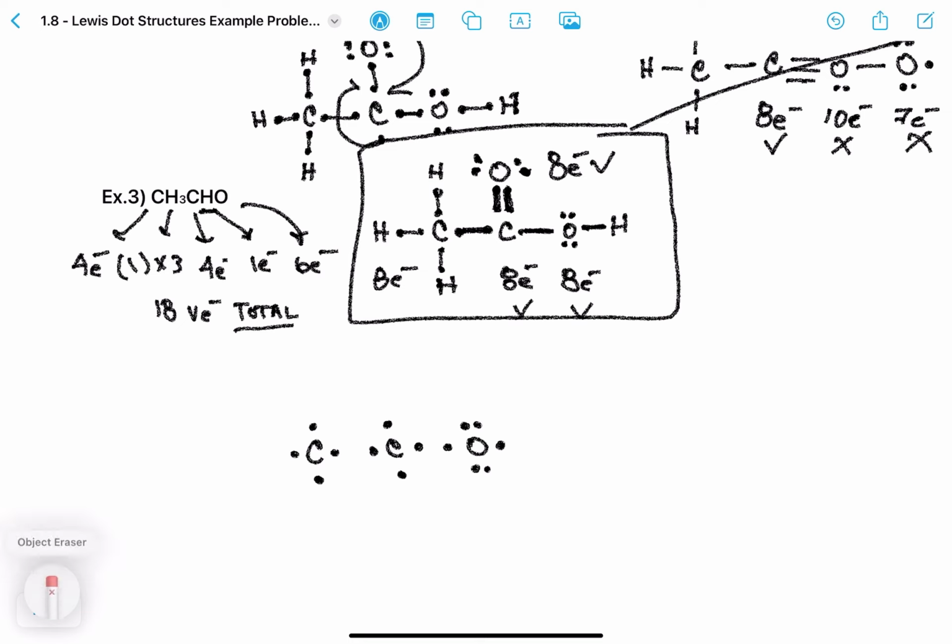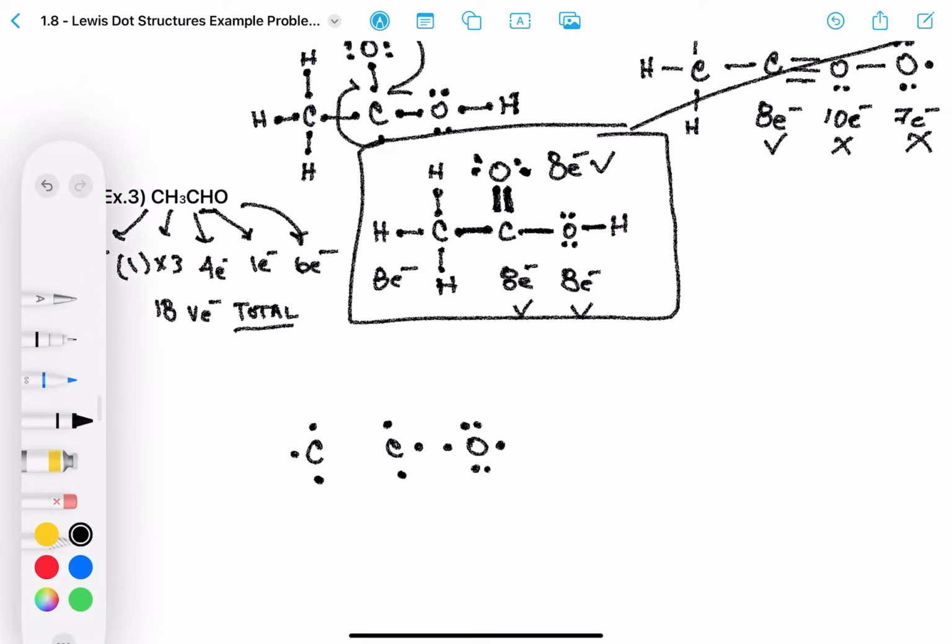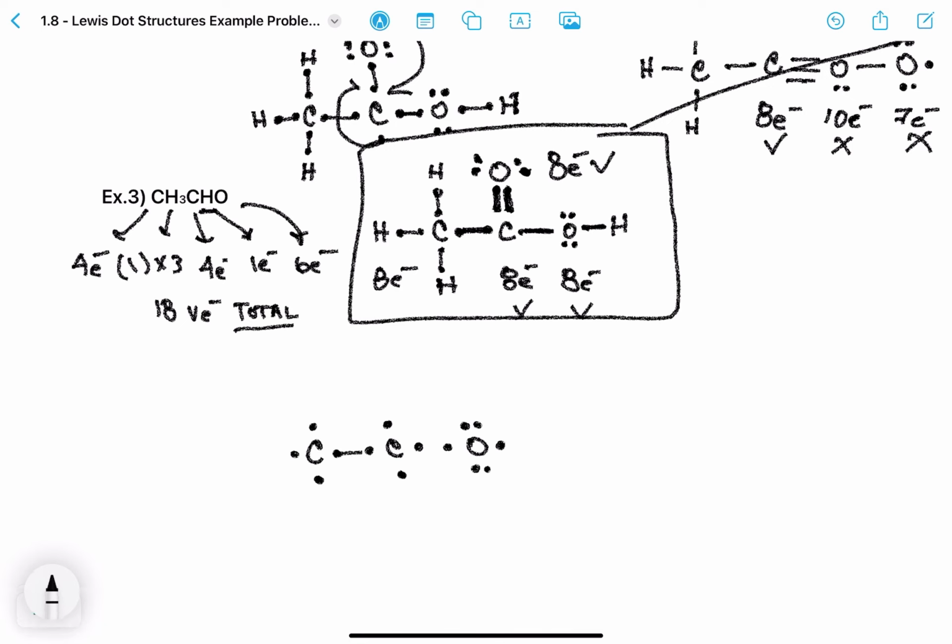But first, I'm going to go ahead and connect some of these bonds. And I'll put my H's on the outside of my carbons. And then next, I'll go ahead and try to add these into a bond.